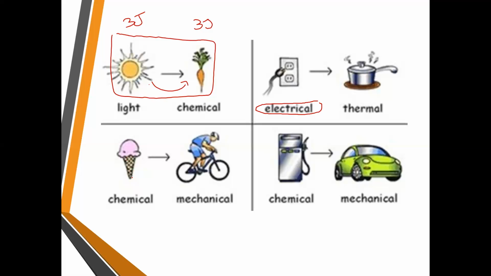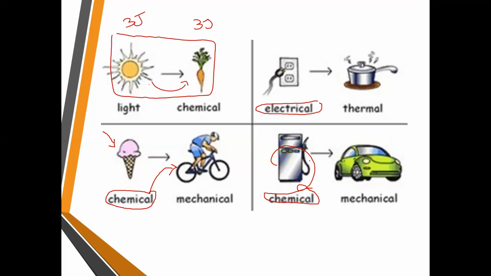Here, this is ice cream. When you eat an ice cream, you have chemical energy that you will use to ride the bike. And here there's chemical petrol, and a chemical process that happens inside the gas station.